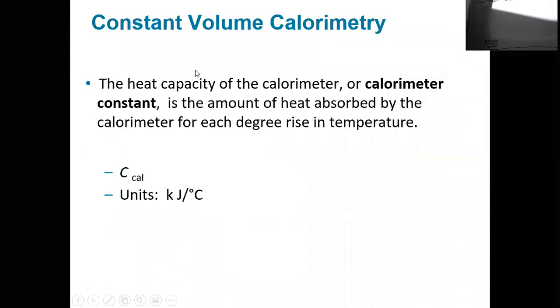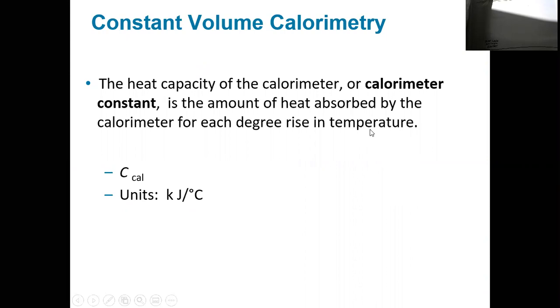Okay, when we're calculating delta E values using a bomb calorimeter, we are going to be using the heat capacity of the calorimeter. Okay, not the specific heat capacity, the regular heat capacity. That's also called the calorimeter constant. All right, so remember what we said about the heat capacity versus specific heat capacity.